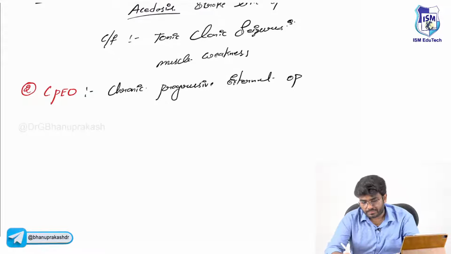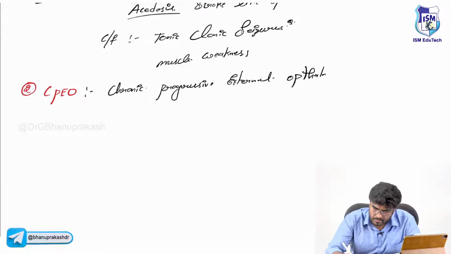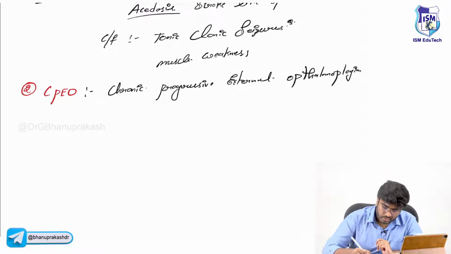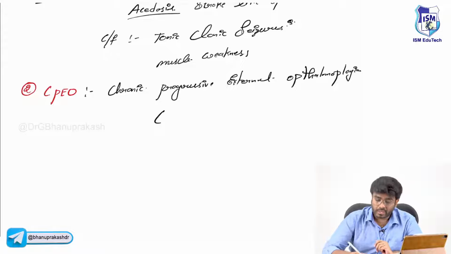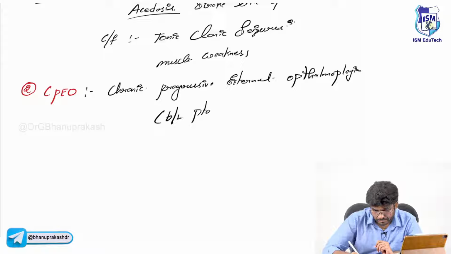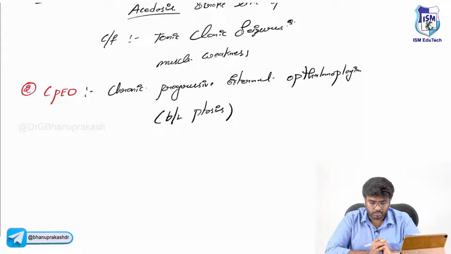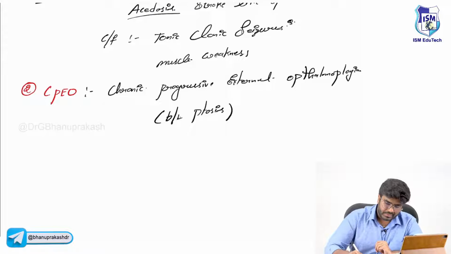See, again, eye involvement. Also, this patient is going to have bilateral ptosis. Bilateral ptosis is going to be seen. So this is the second mitochondrial disorder.